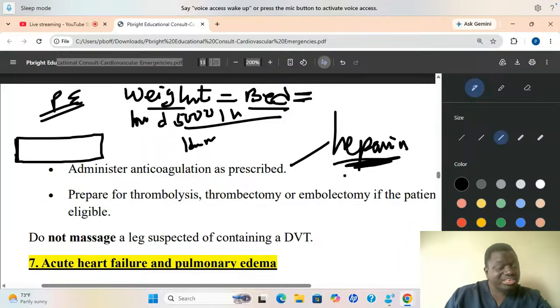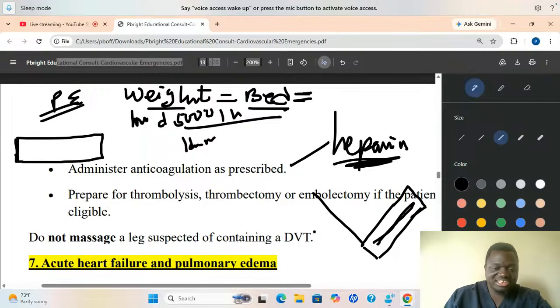And I've told you already that heparin acts on the intrinsic pathway. How do you check the clotting time? The time it takes for the blood to clot through the intrinsic factor, because you can't go and give heparin abnormally and destroy clotting.